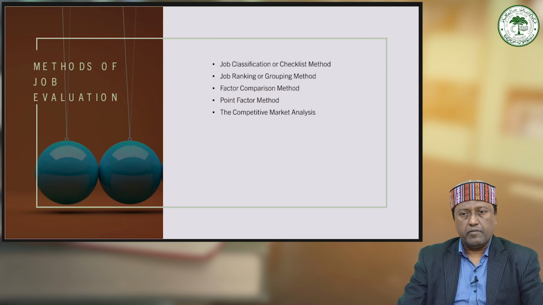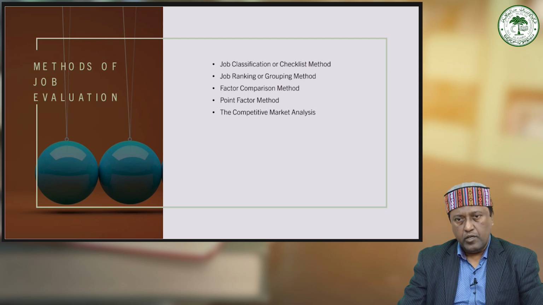The first step in the factor comparison method involves identifying essential factors that contribute to the value of a job. These factors are selected based on their relevance to various jobs within the organization. Common factors include mental requirements, physical requirements, skill levels, responsibility, and working conditions.